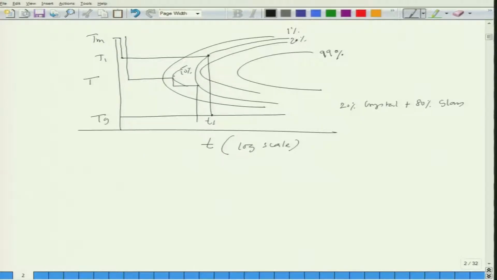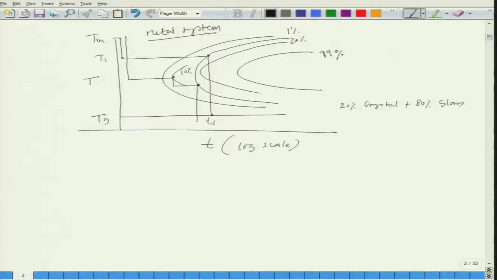So, now I can have 10% crystal of certain size, then I can have 20% crystal of certain size, and then rest of them will be my metallic glass or the glass, because I am considering metal system.